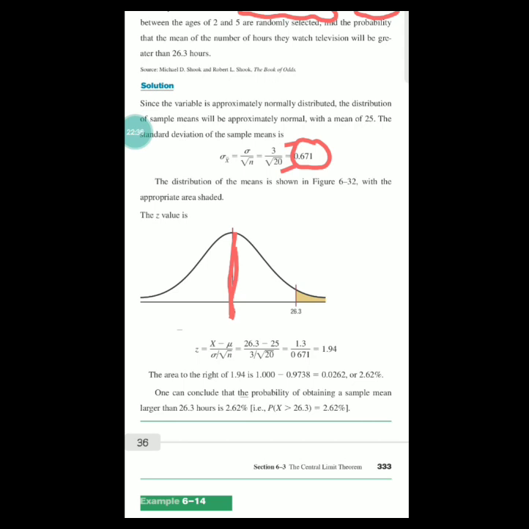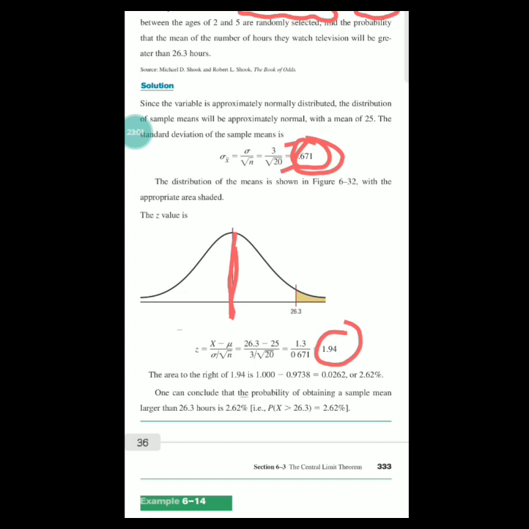So, 26.3 minus 25 is equal to 1.3. And 3 divided by the square root of 20 is, as we got earlier, 0.671. So, 1.3 divided by 0.671 is equal to 1.94.